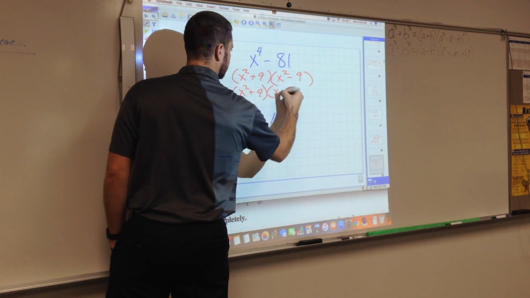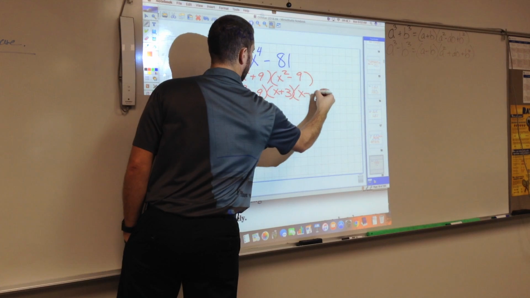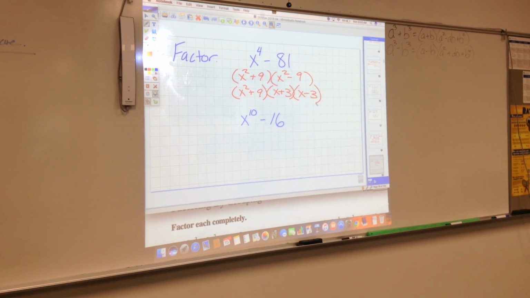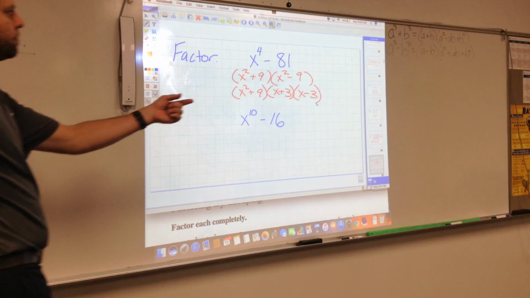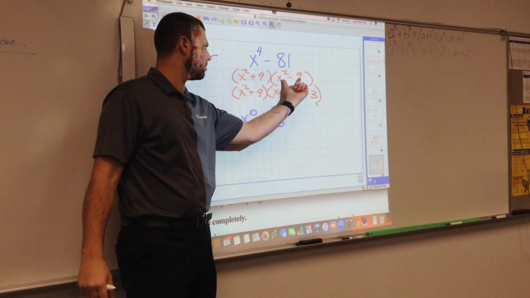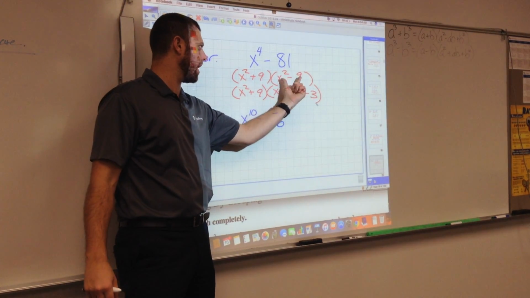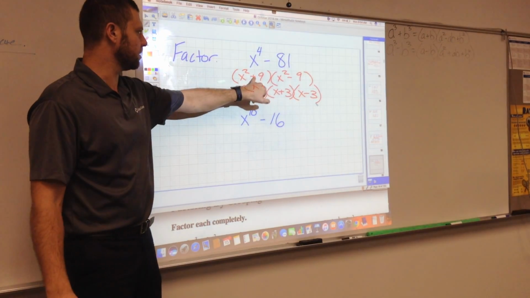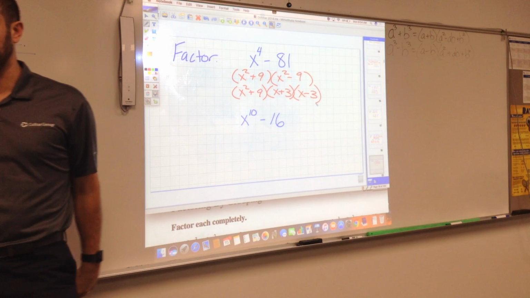So that one becomes x squared plus 9, x plus 3, x minus 3. Difference of two perfect squares will show up, so keep on the lookout for those. It's got to be the subtraction of two perfect squares. The sum of two perfect squares can't factor any further.